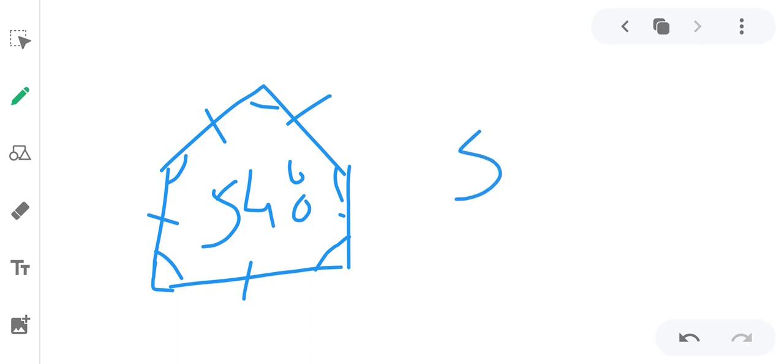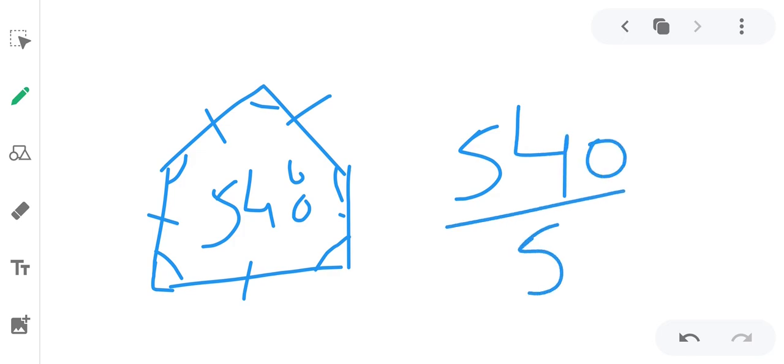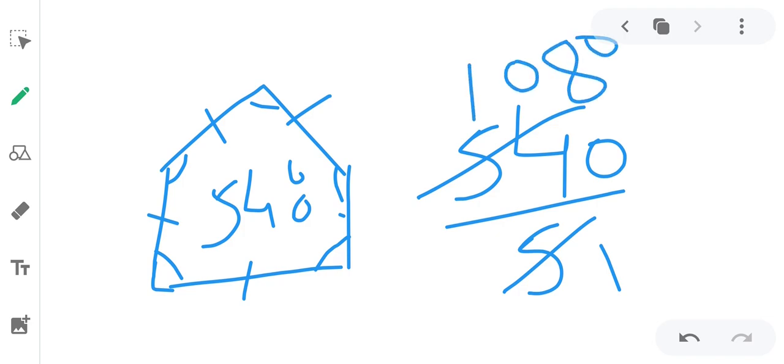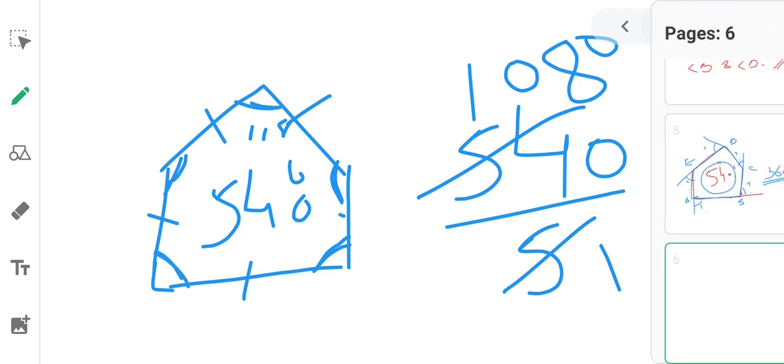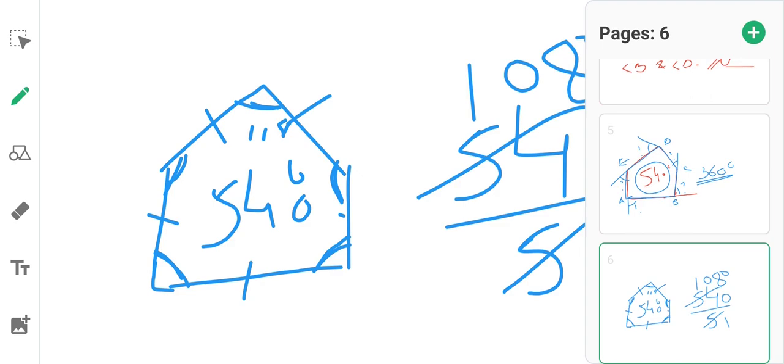Since this is a regular polygon, you have to divide by 5 because there are 5 angles. 540 divided by 5 is 108. So the measure of each angle is 108 degrees. This angle is also 108 degrees, this angle is also 108 degrees, and these two are 108 degrees in measure.